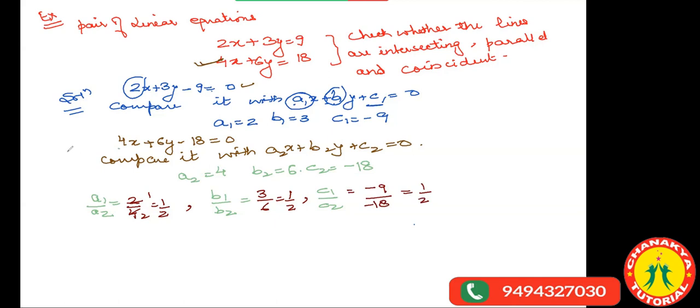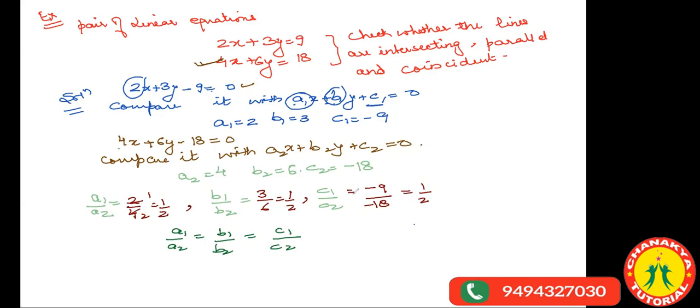Shan, tell me, they are equal, right? All ratios are equal. Yes, ma'am. So if ratios are equal, just now I have told you that if ratios are equal, then lines are coincident.